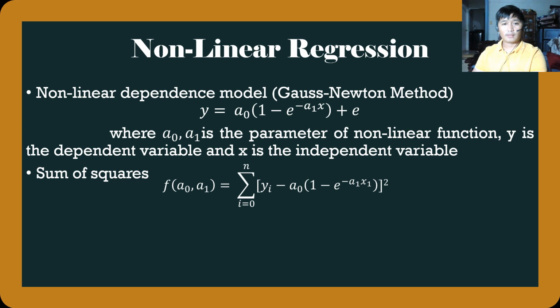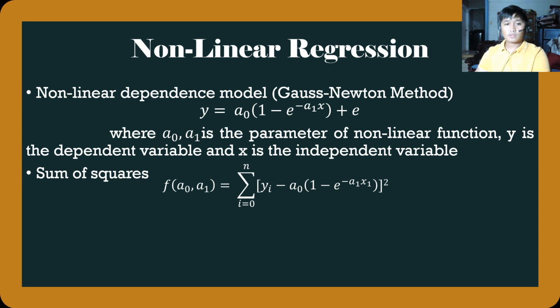Nonlinear regression. This is the standard equation for the Gauss-Newton method. We have y equal to a sub 0 times the quantity 1 minus e to the power of negative a sub 1 x, plus e, where a sub 0 and a sub 1 are the parameters of the nonlinear function, y is the dependent variable, and x is the independent variable.